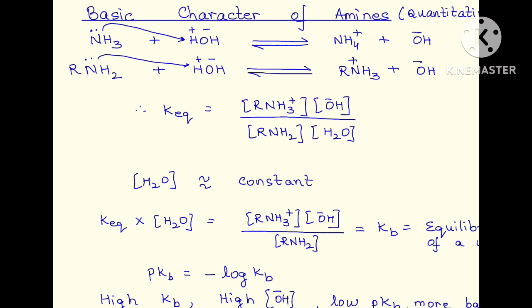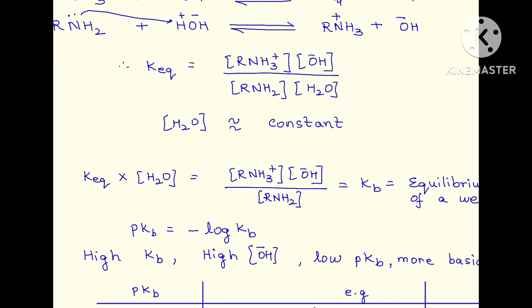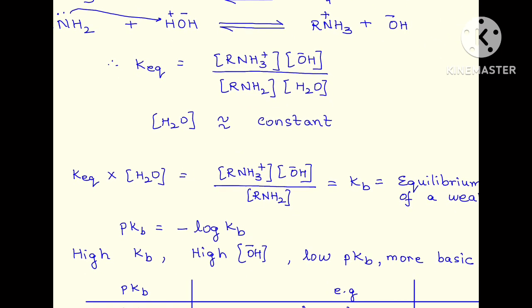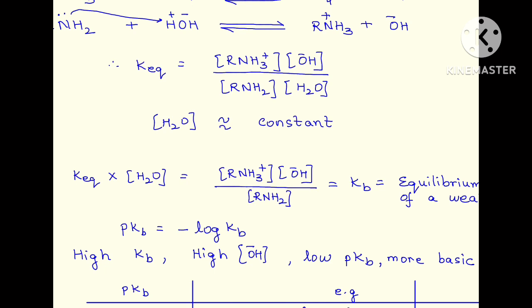Now if you see, we are carrying out the reaction in an aqueous solution wherein the concentration of water almost remains constant because we are talking about a dilute solution. In other words, I can pick up my water, multiply it by the constant. So one constant multiplied by another constant gives me a new constant, and that new constant is what we call Kb.